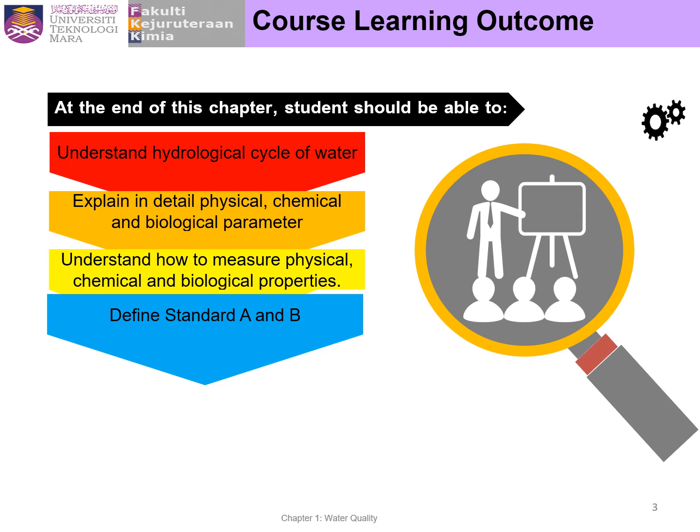Similarly, for oil and grease, for standard A the limit should not exceed 1 milligram per liter, but for standard B the maximum can be up to 10 milligram per liter. When to use standard A and B will be discussed at the end of this chapter.